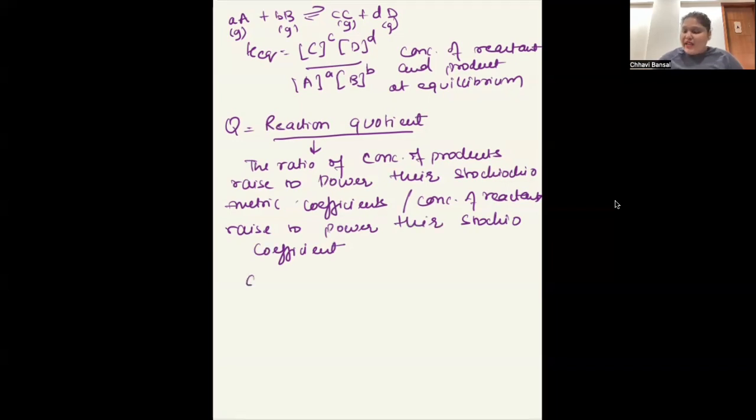And at equilibrium, Q becomes equal to K equilibrium. So when the reaction reaches equilibrium, the reaction quotient at that point is called K equilibrium. Clear? Why I have introduced this, we will talk about later. But before that, we are going to talk about the different types of equilibrium constants.